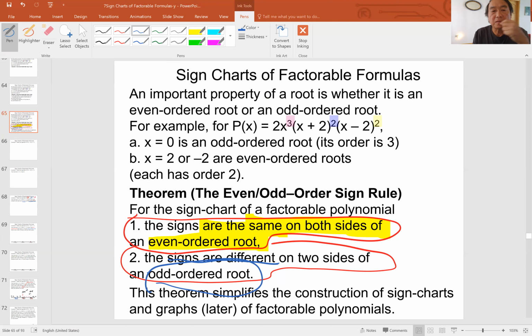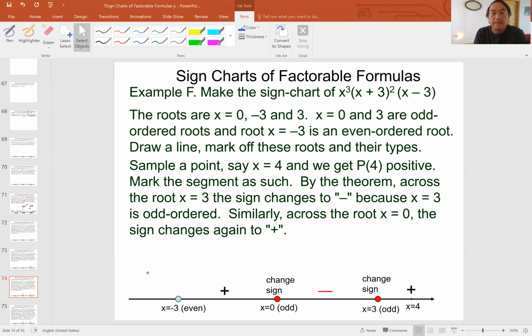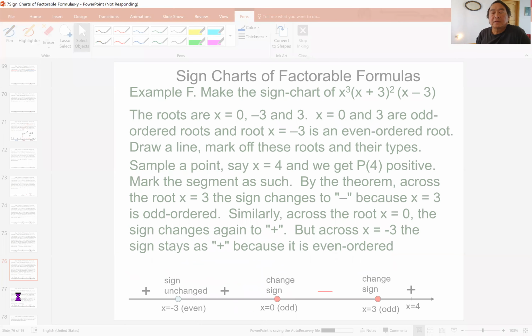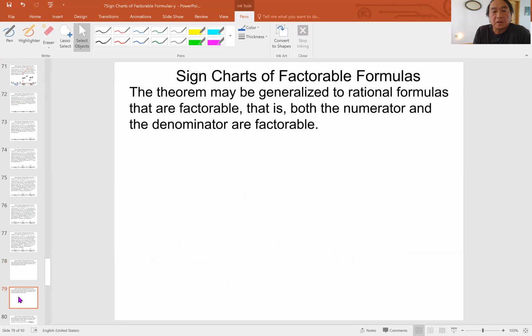And this is an easy way for us to identify, once we know one position, whether it's even or odd, then I can propagate and deduce the next segment, and so on, by the order of the roots. So this is how we draw the one-dimensional graph, if you like, or sign chart of a formula, in particular a factorable formula.